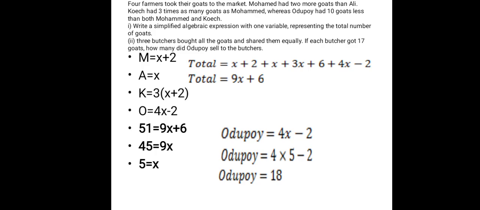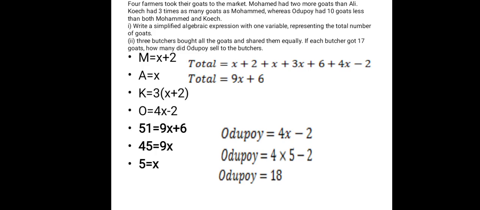Now, if we want to get the total goats for all those persons, we shall add x plus 2 plus x plus 3 into x plus 2 plus 4x minus 2. And we get it to be 9x plus 6. So in total they had 9x plus 6.